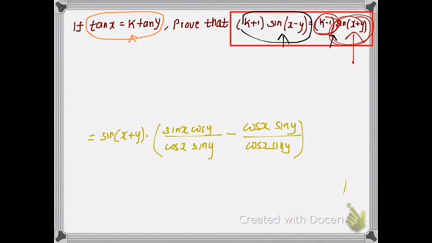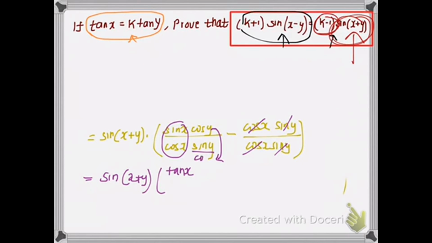Now if we look closely, we can cancel these two terms, and we have sin x divided by cos x, which is simply tan x. We have to get rid of this cos y in the numerator, so divided by sin y by cos y, which is equal to tan y, and then the other term gives minus 1.